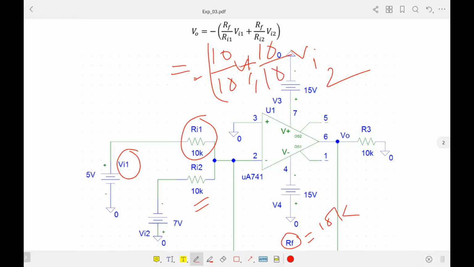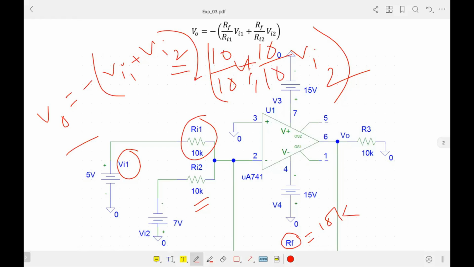The output expression is Vout equal to minus (VI1 plus VI2). For this circuit configuration, we are just adding those two voltages, and it is an inverting operation, that means it is going to be inverted. We have connected this to the negative terminal, that's why it is minus.